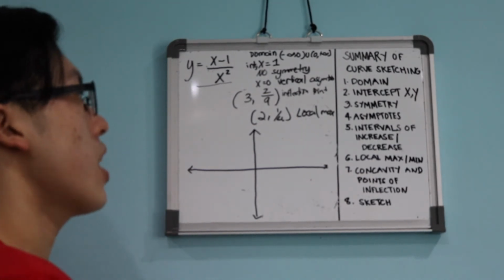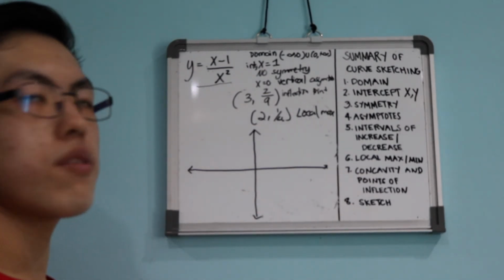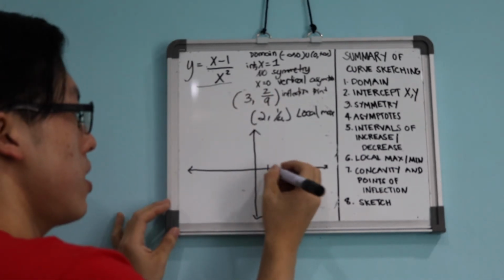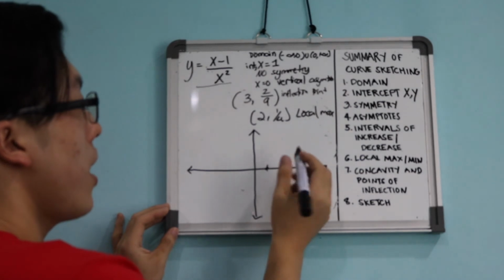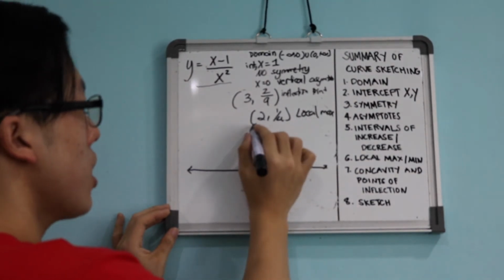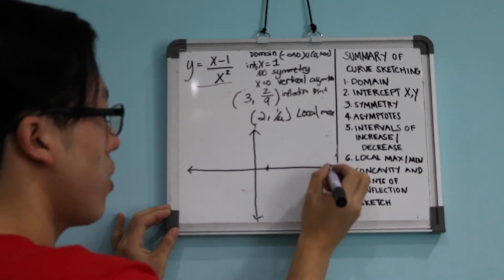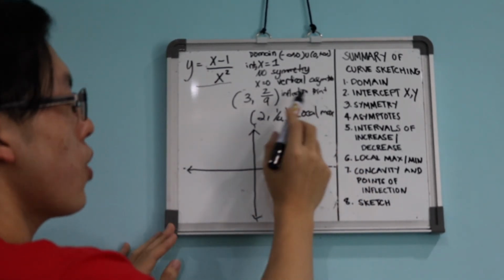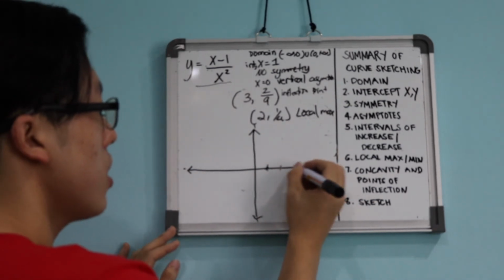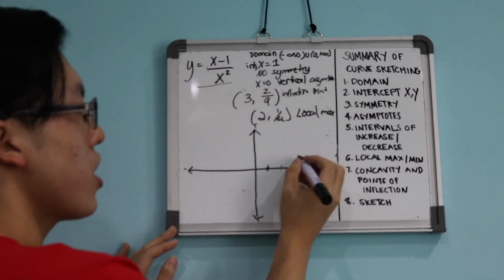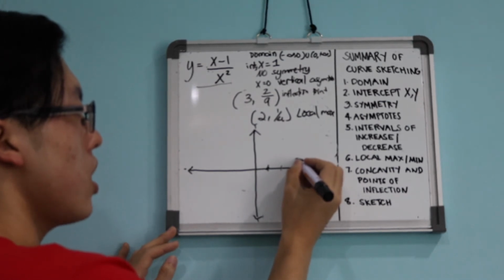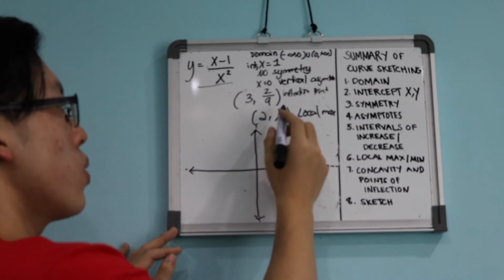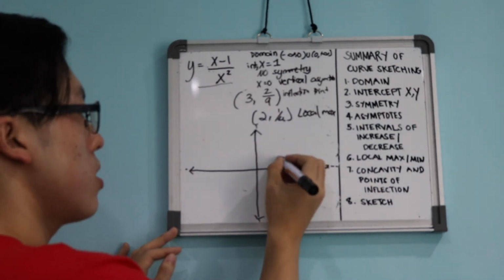Now that we have gathered all this data, we need to graph it. So we know the x-intercept is at 1, and we have a vertical asymptote and a horizontal asymptote. The inflection point is at 3, 2 over 9, so it is about right here. And the local max is at 2, 1/4, so about here.